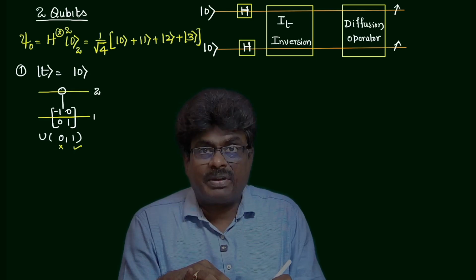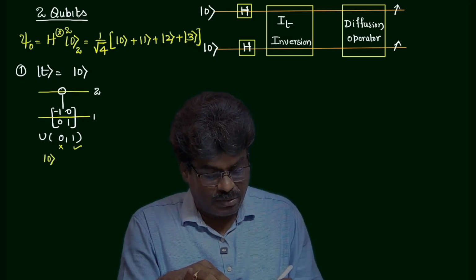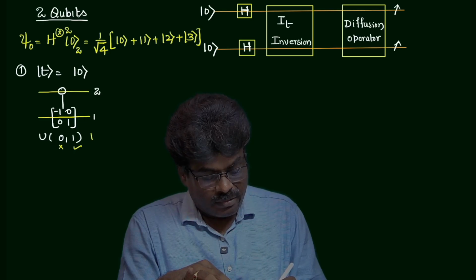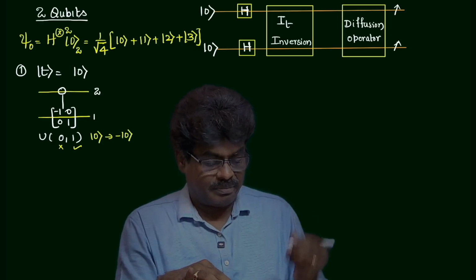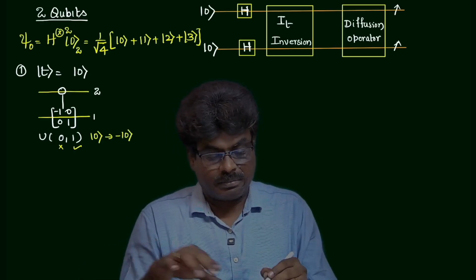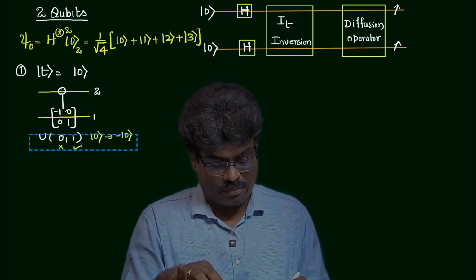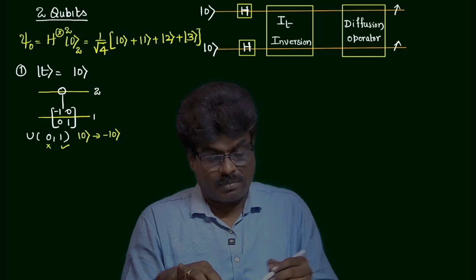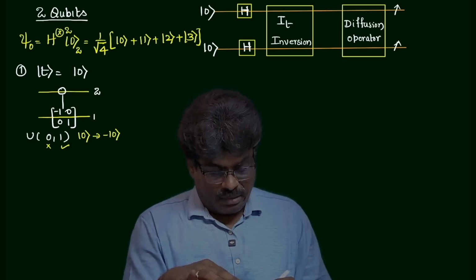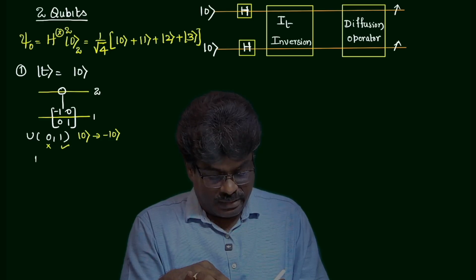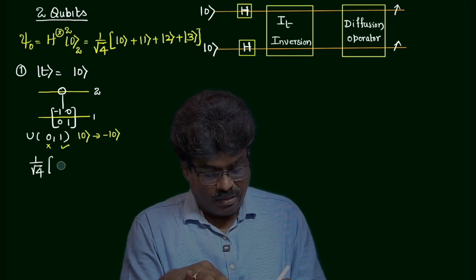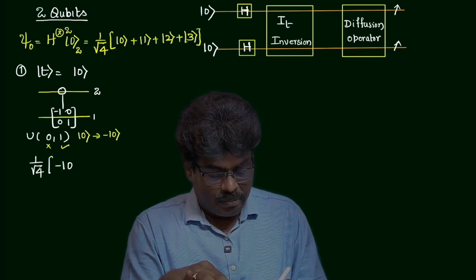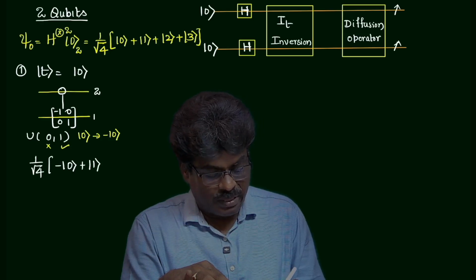So here we have the phase change, so that's why with this 0 will become minus 0. Okay, that's it. So with this we will get the state as 1 over root 4, sorry, here the 0 is the target, minus 0 plus 1 plus 2 and plus 3.